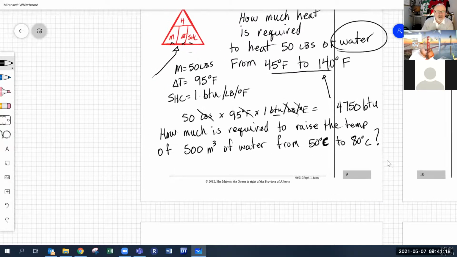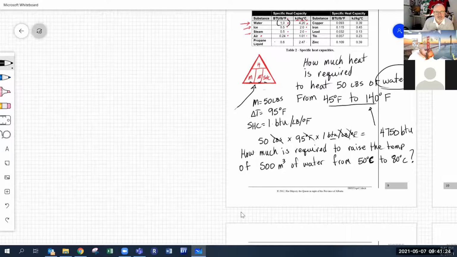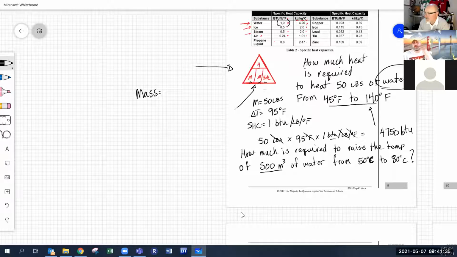So I will just shrink this a little bit and do the equation over here. So we have our formula triangle. It says take your mass. So wait a second, I have 500 cubic meters. Is that a mass? That is not a mass. That is a volume.